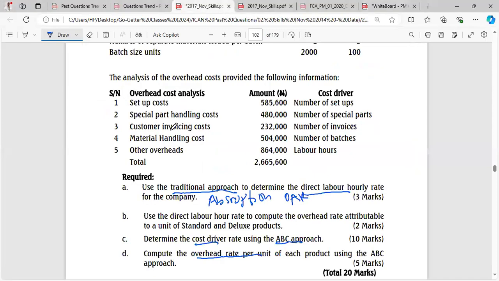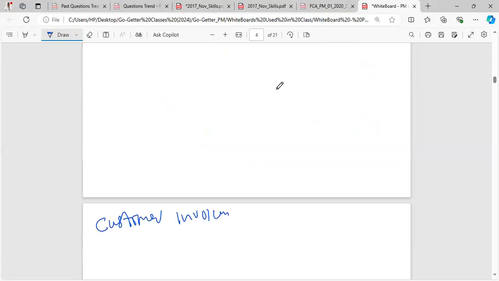The next one is going to be customer invoicing costs. What is the cost driver rate?